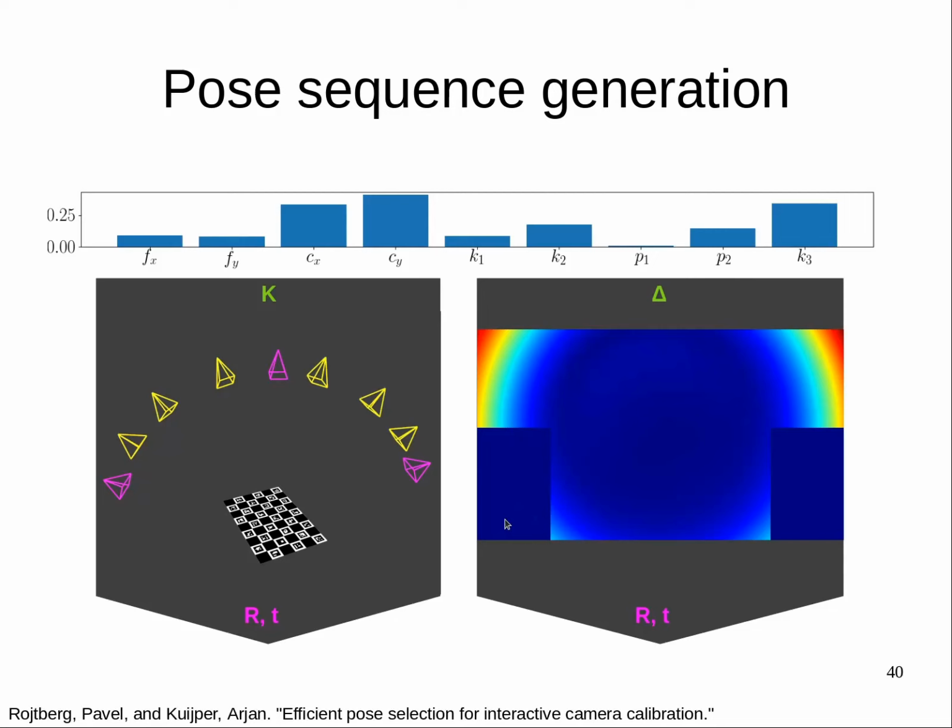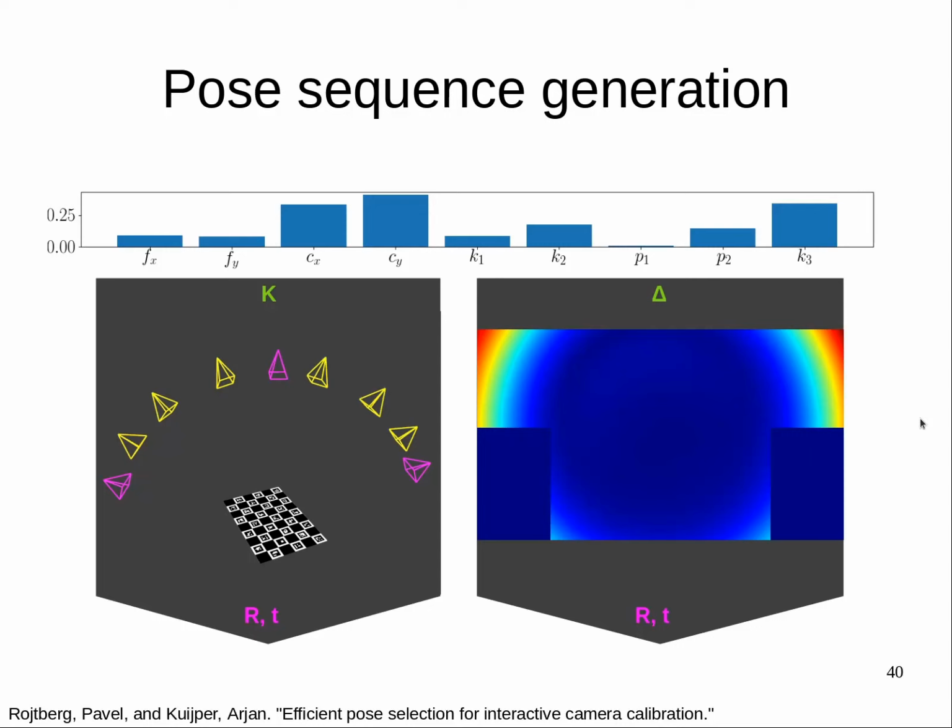And also we want to measure how it behaves in its maximal region. So if here we have the maximal distortion, we want to know exactly how it looks like. And this is then our optimal pose selection strategy. If you want to learn more about it, I refer you again to the paper cited below.